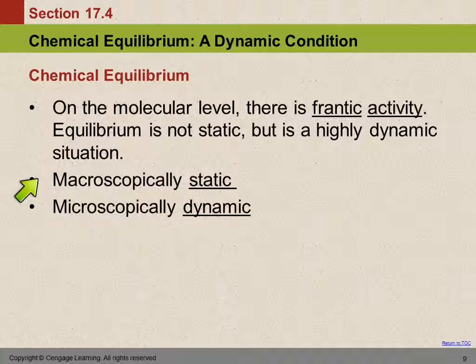Macroscopically, that's what we can see with our eyes, without using a microscope or anything, just what you can see. Macroscopically, it is static. It looks like nothing's happening. But microscopically, or on the particulate molecular level, it is very dynamic, and there's a lot going on. Any questions?